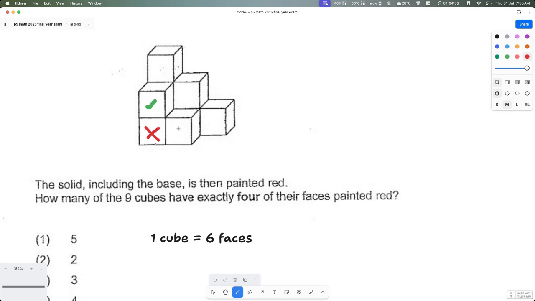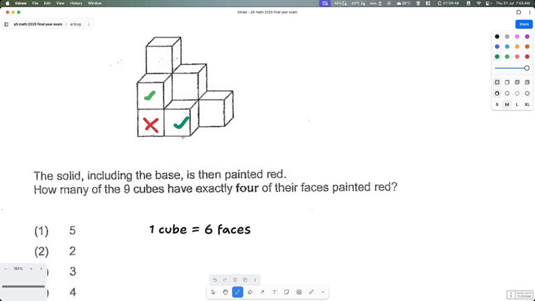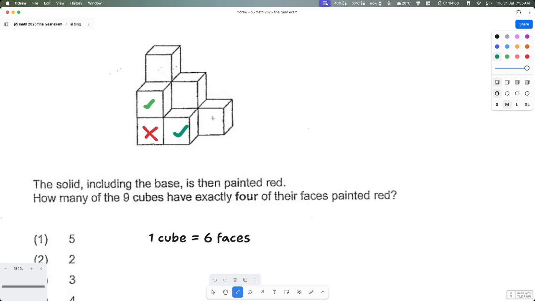What about this one? This one has 4 sides that are shown, so that means this is correct. Next one, this one. Anything that is covered like this at the back probably doesn't qualify.